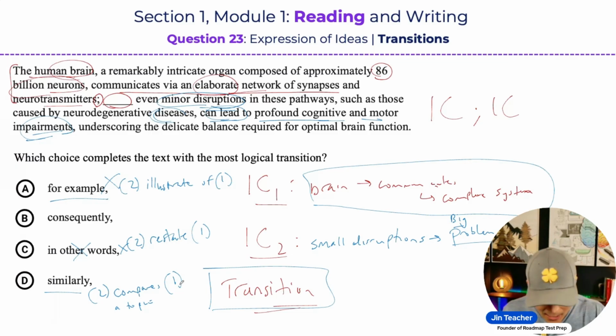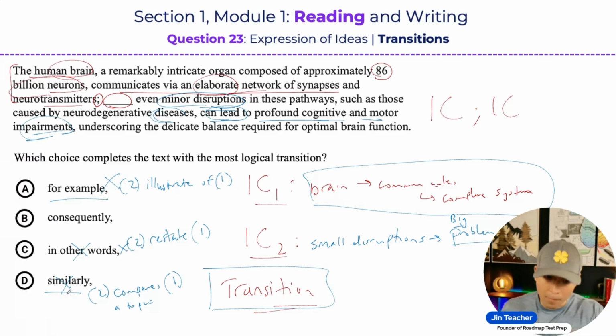But anyways, the point is, in this case, "similarly" would not be the correct transition either, because the second sentence is not comparing a topic in that similar way as the previous sentence. If the second sentence talked about some other body part that had a very complicated communication system, then that would be okay. But the second sentence is just telling us that even small disruptions can cause big problems. So we know that D would be incorrect.